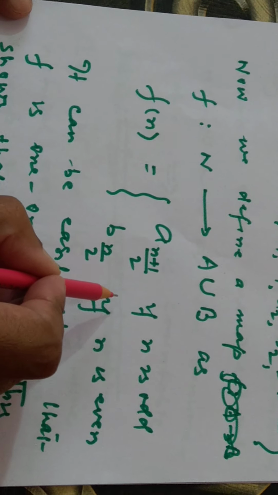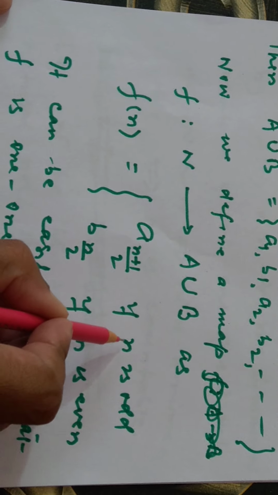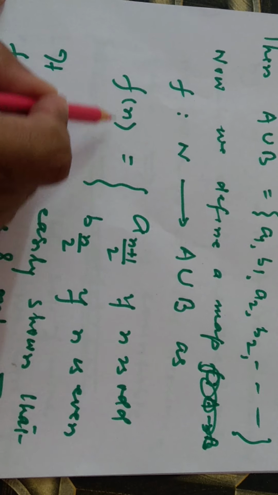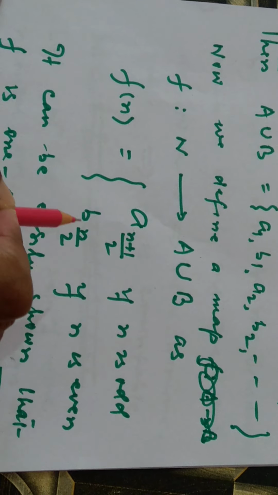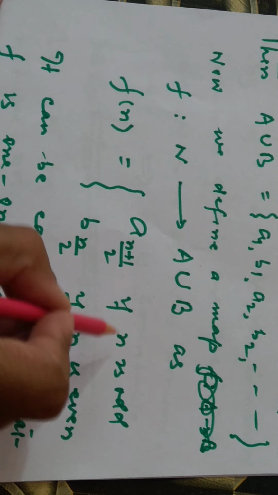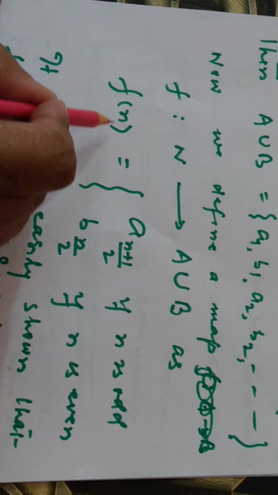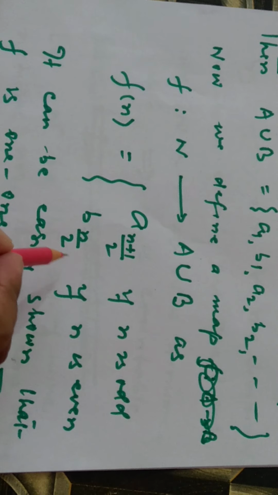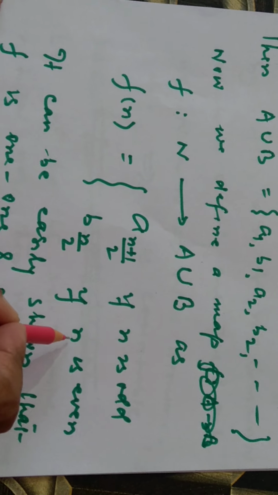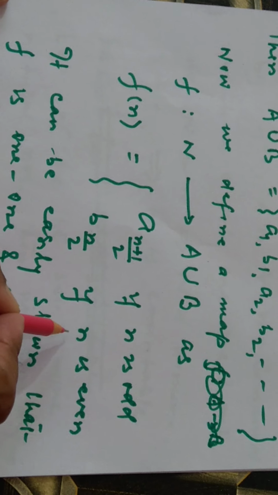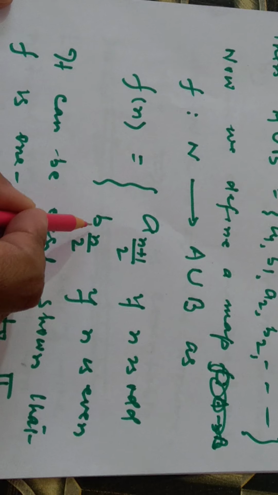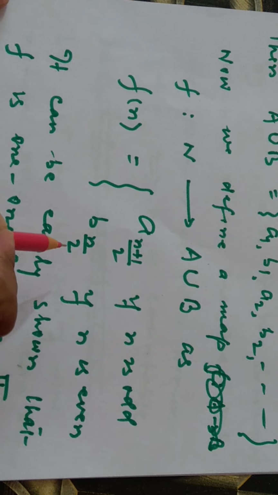And students can easily check that if you put n is equal to 1, you will get F1 is equal to A1. If you put n is equal to 3, then F3 is equal to A2. Just like if you take n as even, that is 2, then you will get F2 is equal to B1.